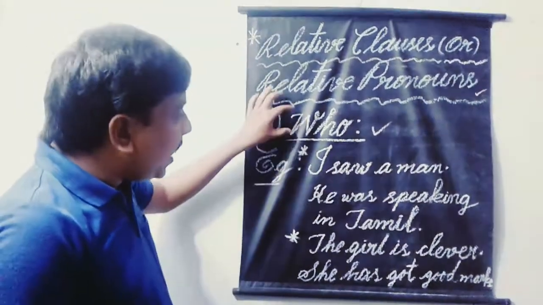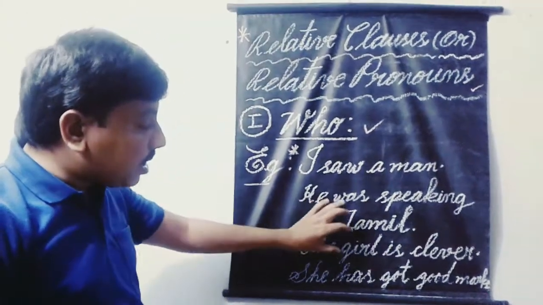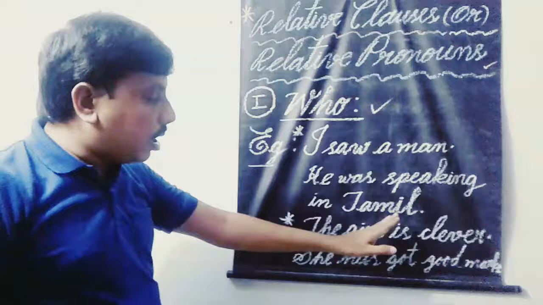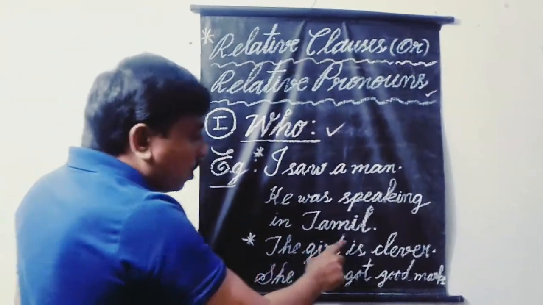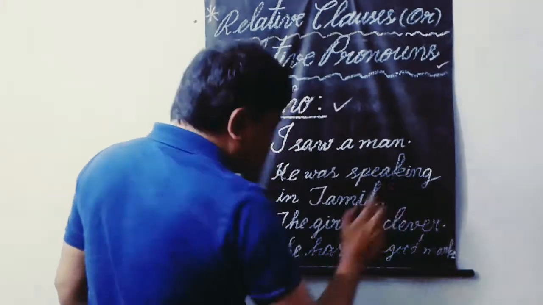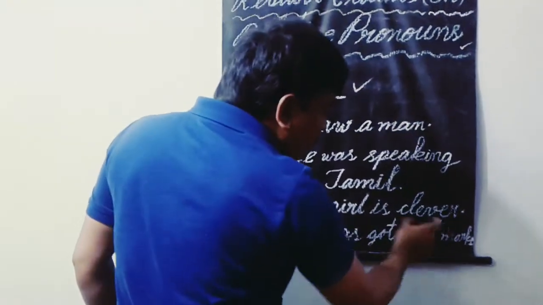Generally we use the relative pronoun in order to give extra information about the subject. It should be used after the noun in a sentence. The girl who has got good marks is clever.